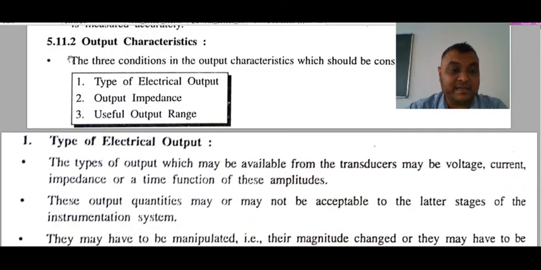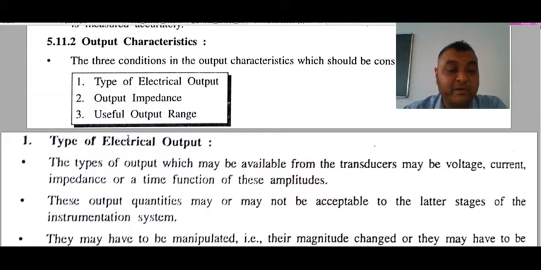So basically there are three characteristics: type of electrical output, output impedance, and useful output range. In a nutshell, if this kind of question is asked in your examination for 2 or 3 marks, then you don't have to write all of the theory and waste your time. Just put an important statement regarding each point.